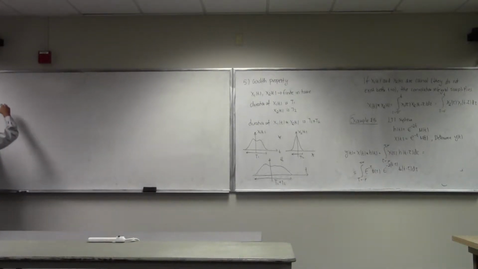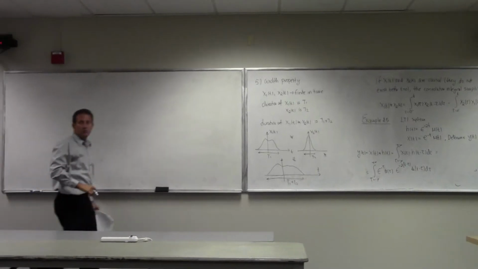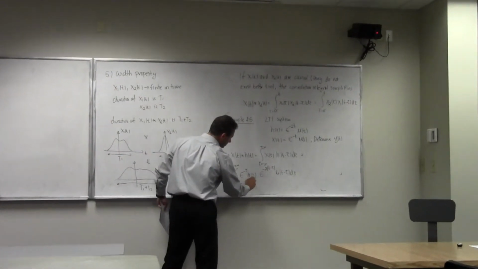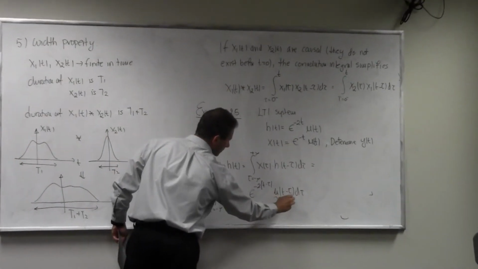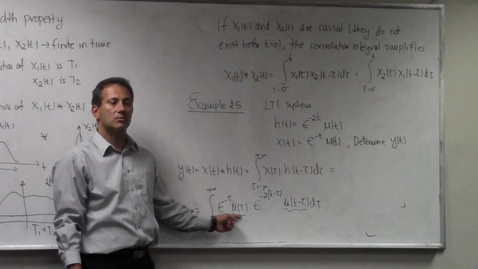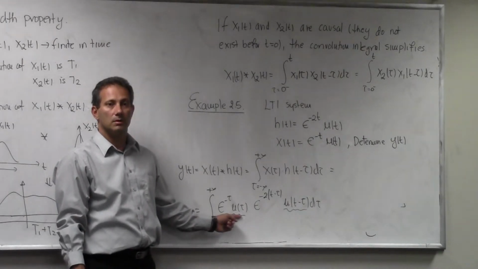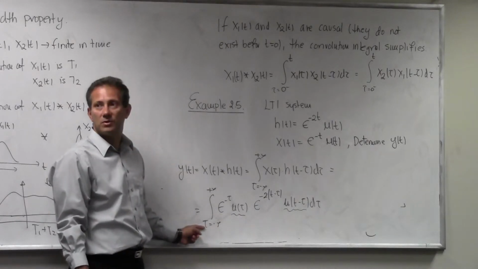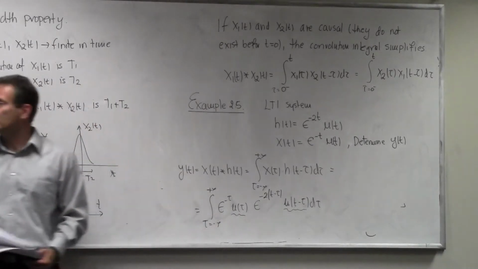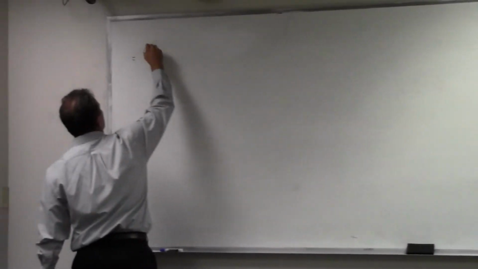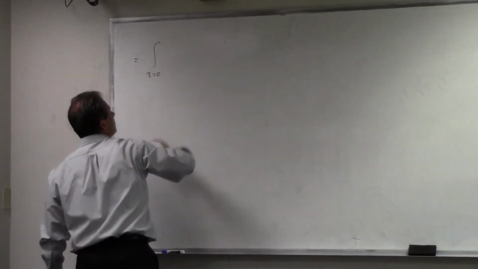So now we look at, there are two functions here that will tell us what our borders need to be. This one and this one. What happens to u of tau when tau is smaller than 0? u of tau is 0. So is there a need to integrate anything before 0? No. So this tells me what the first boundary is. So this is an integral when tau goes from 0.